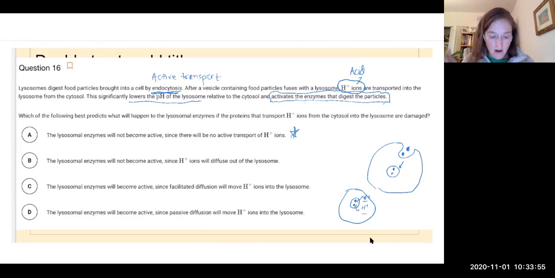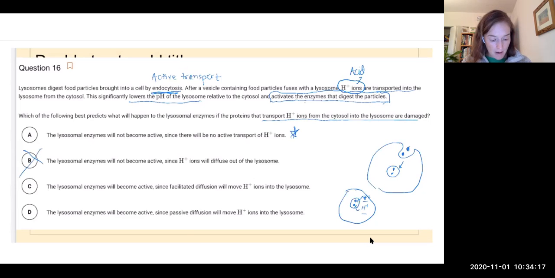No, they never are. This is saying that they're never being brought into the lysosome. They should be transported into it, but if the proteins that transport it from the cytosol into the lysosome are damaged, then they're never even being brought into here. So it can't be B.